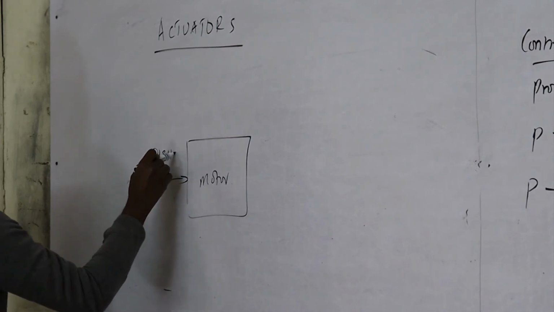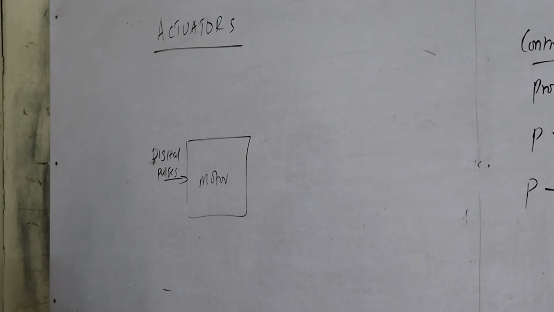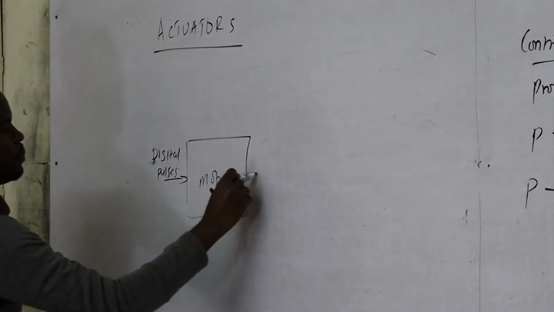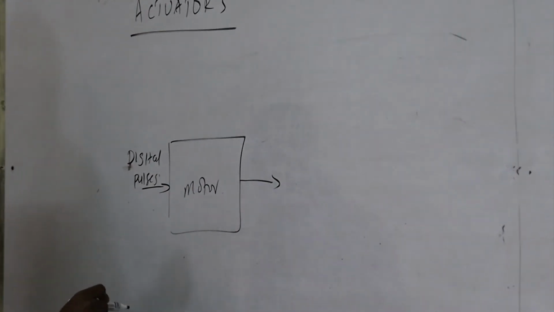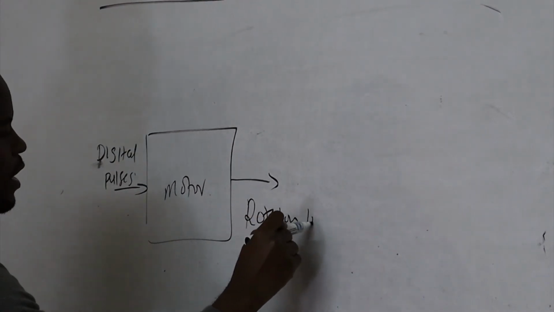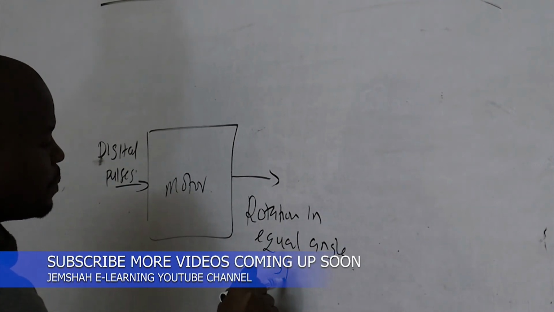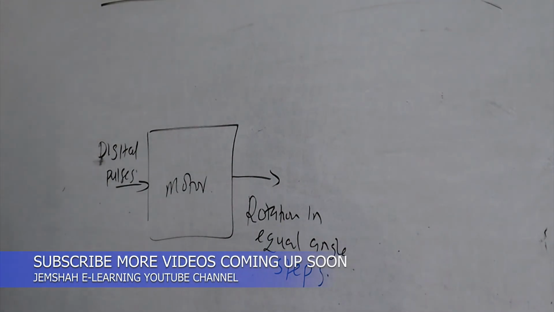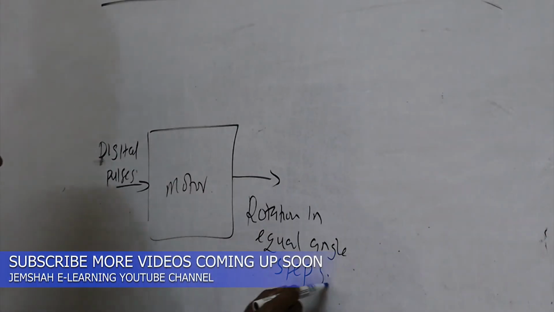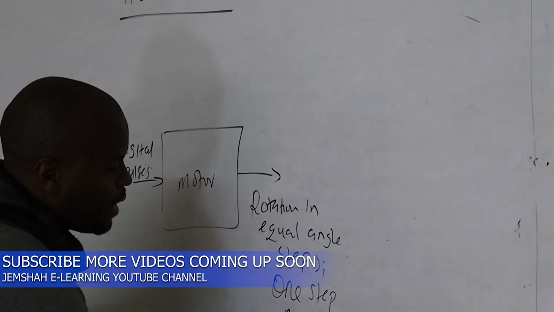The output will be the rotation in equal angle steps, with one step per pulse.